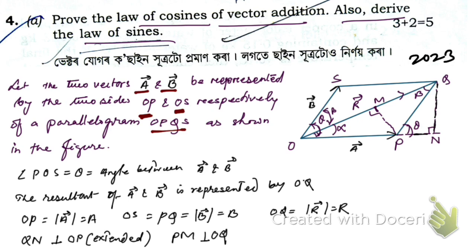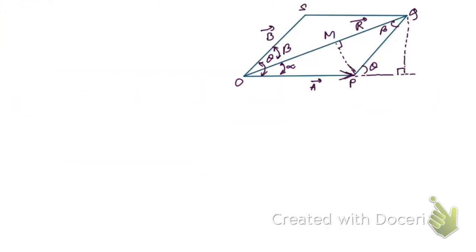And so here alpha is the angle between resultant and vector A, and beta is the angle between the resultant and vector B, okay. So hope you have understood this. So pause the video and note. Now let me take a new slide, okay. I will redraw the diagram again. So here is the diagram, okay.